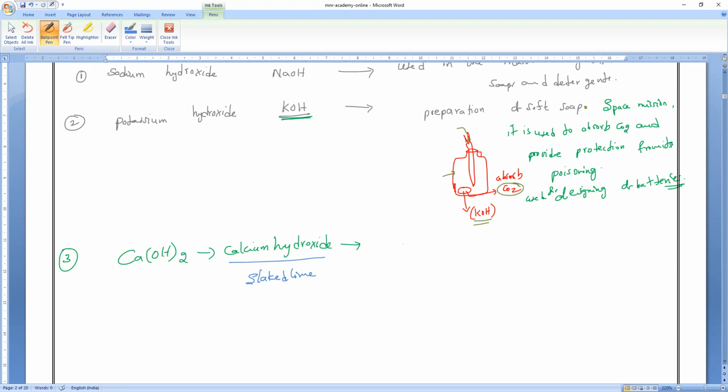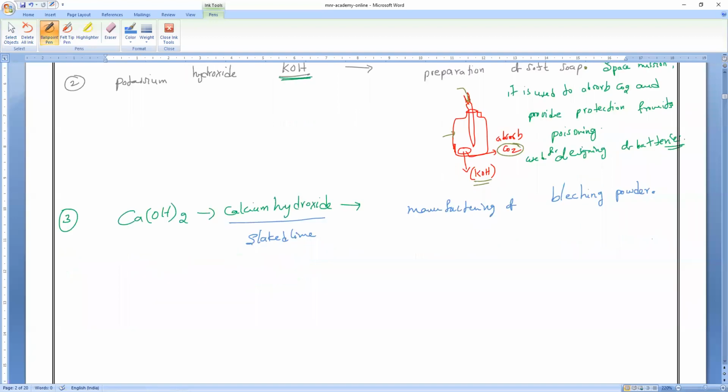So slaked lime is used in the manufacturing of bleaching powder. Write it. Used in manufacturing of bleaching powder. We use calcium hydroxide in so many experiments, even in biology and chemistry. Mainly, with the help of this, we can detect some gas.